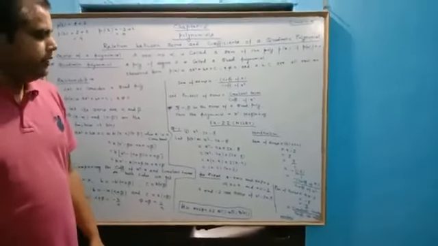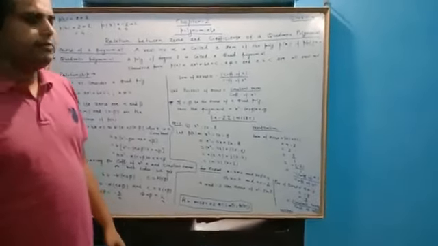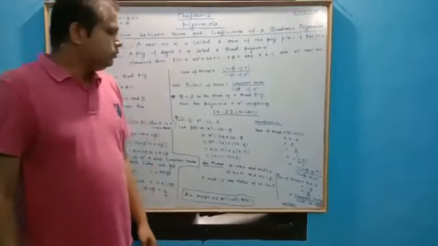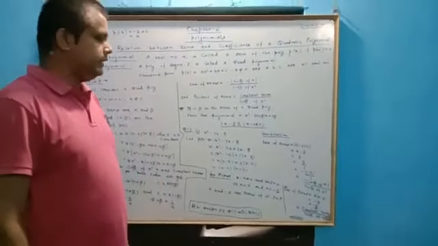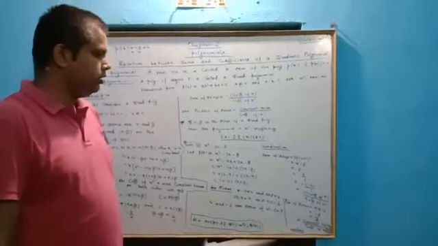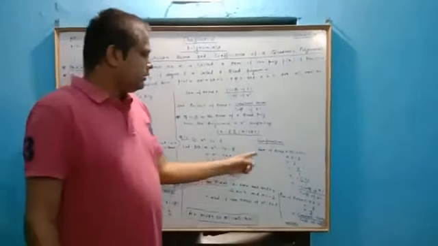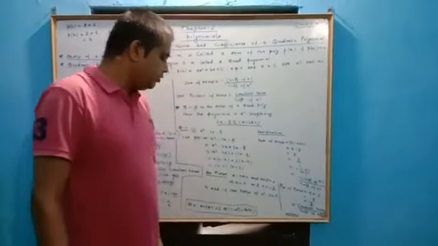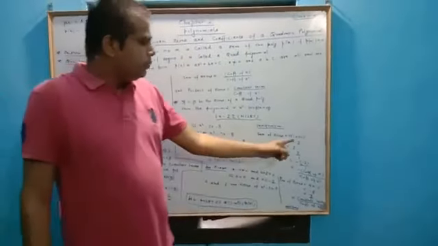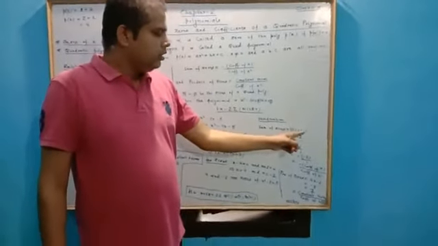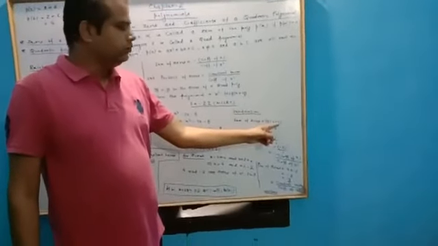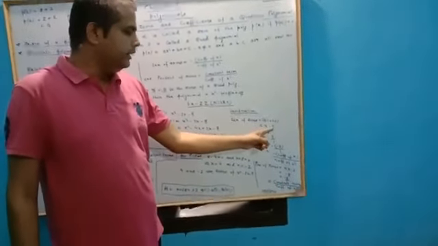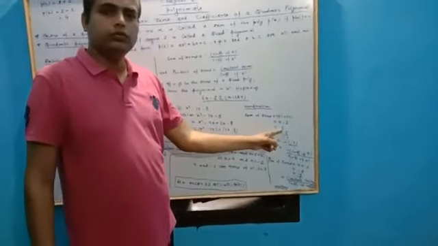Next, we verify the relationship between zeros and coefficients of a quadratic polynomial. First, the sum of zeros is 4 plus minus 2, that is 4 minus 2, which equals 2.